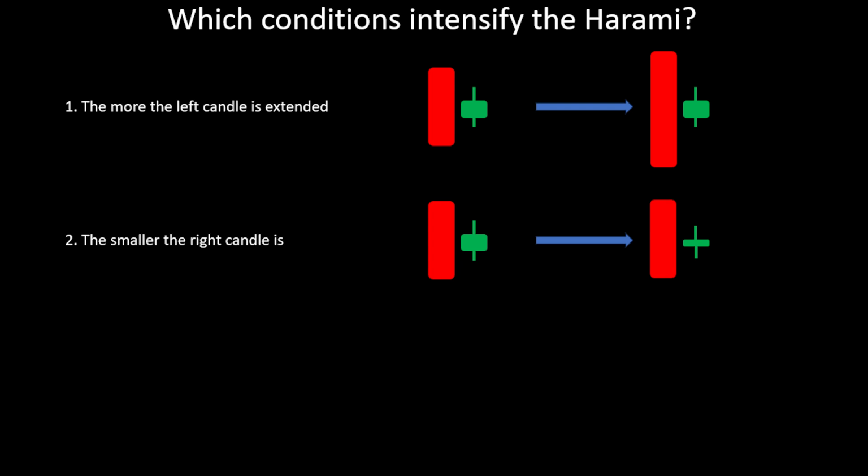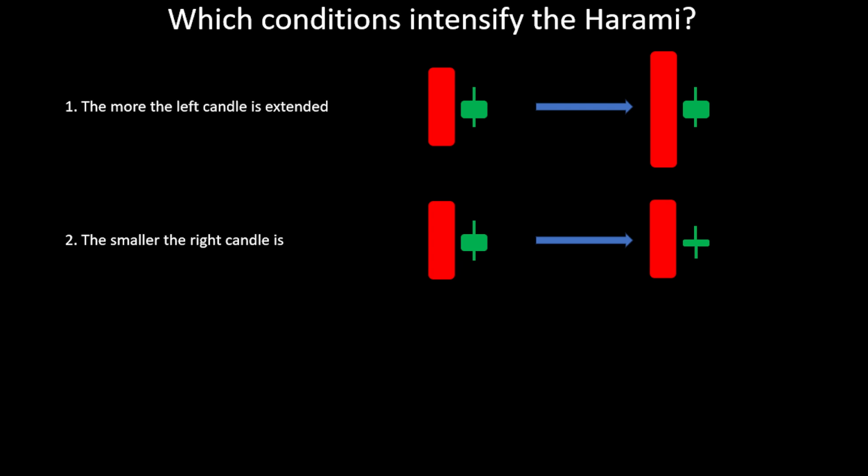As much as the left candle is extended, because after a really big bearish candle, a small candle inside of it will show a big indecision in the market. The second condition is as much as the harami candle is smaller, it has more power because it shows a bigger indecision in the market.